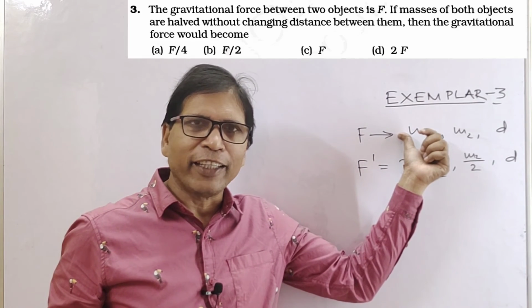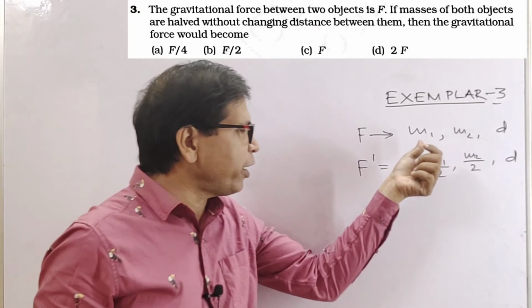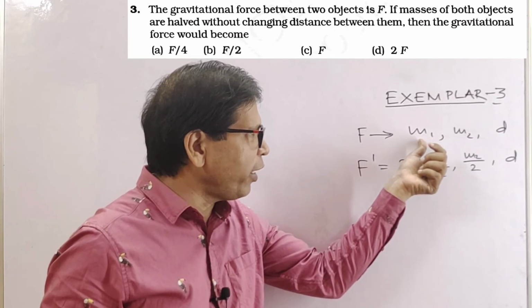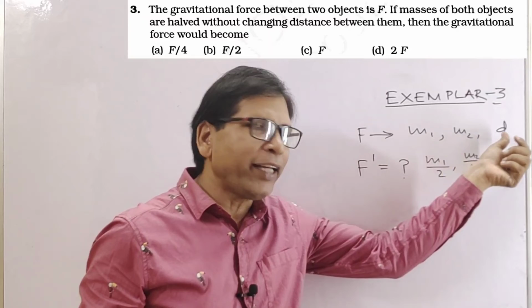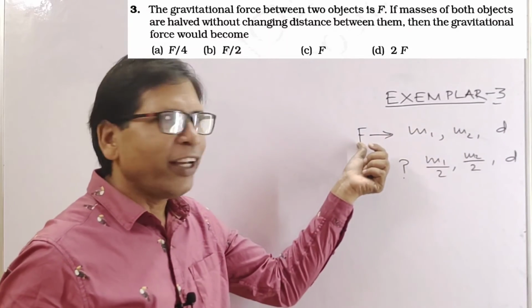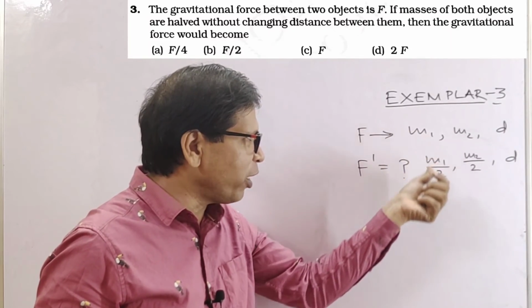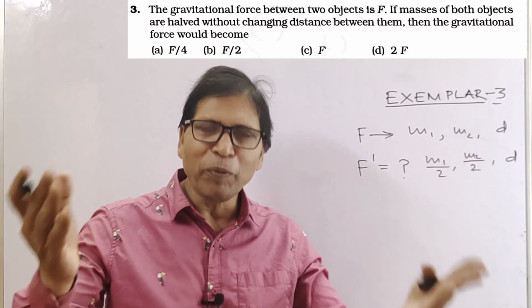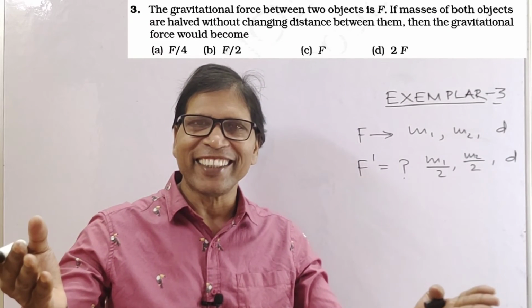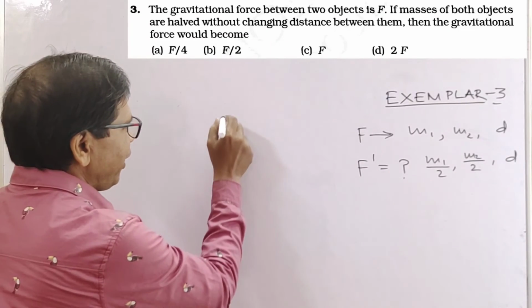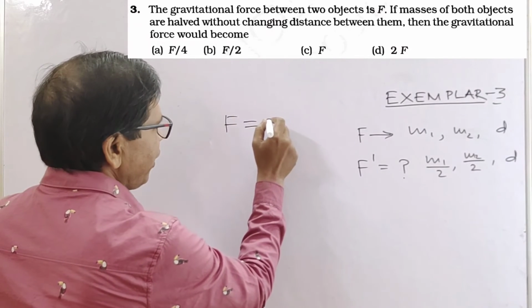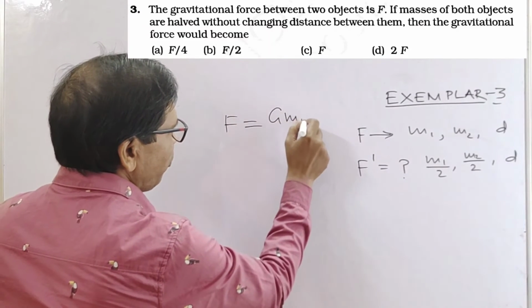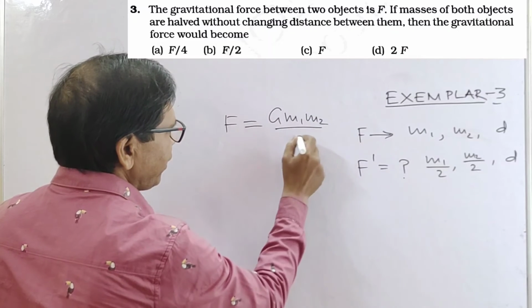Now exemplar 3. The force of attraction between two masses m1, m2 separated by the distance d is F. Now if mass of both the bodies be half, what will be their force of attraction? Initially the force of attraction was G m1 m2 by d square.